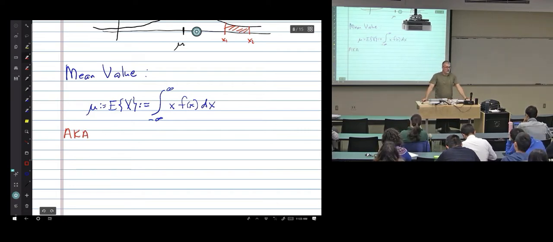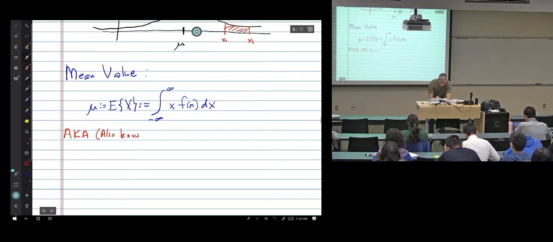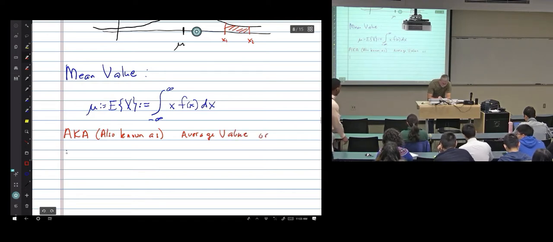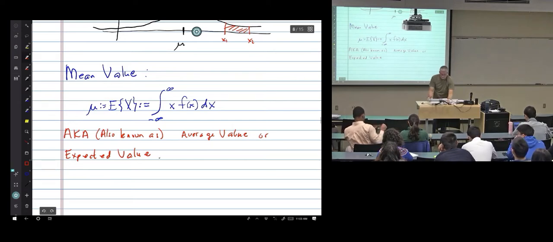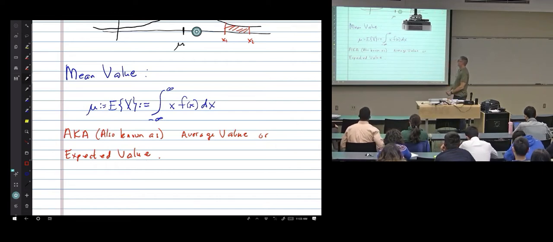Everybody know what AKA means? AKA, also known as. The average value or the expected value. So if you want the average value of your random variable, you integrate x against the density.